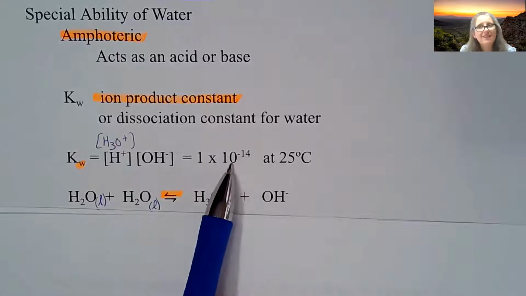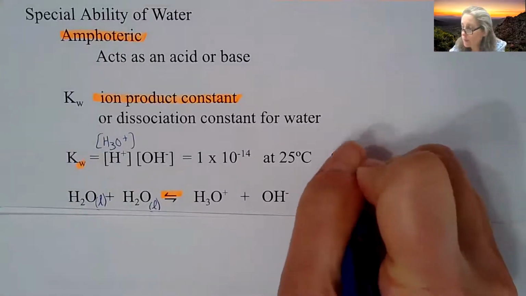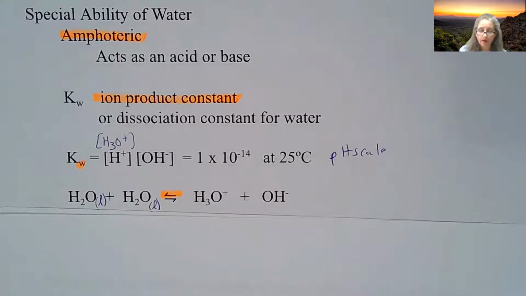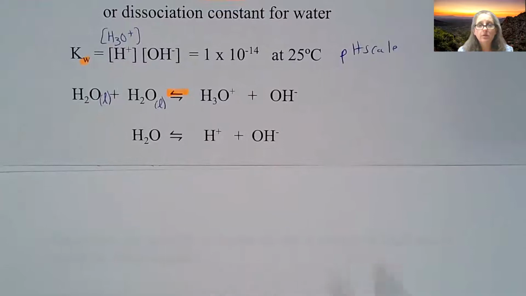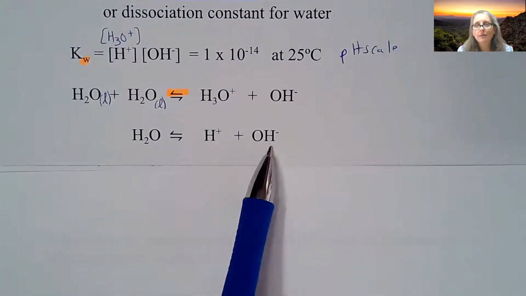Well, where does 14 fall into acid-base chemistry? Have you heard of the number 14 in relationship? Well, yes, your pH scale is based off of that 14. So we're going to come back to that. Now, keep in mind that in books, you sometimes see it written as water breaking up into H plus and OH minus.